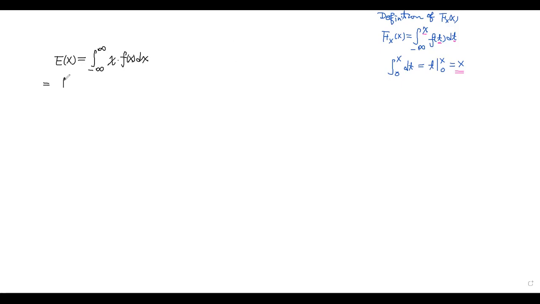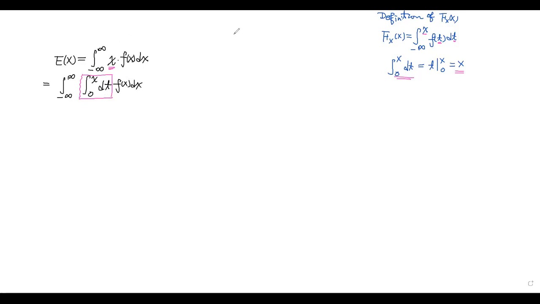So this is the integral from negative infinity to infinity of the integral from 0 to x dt, then f of x dx. This is the first trick we're going to use in this integration.